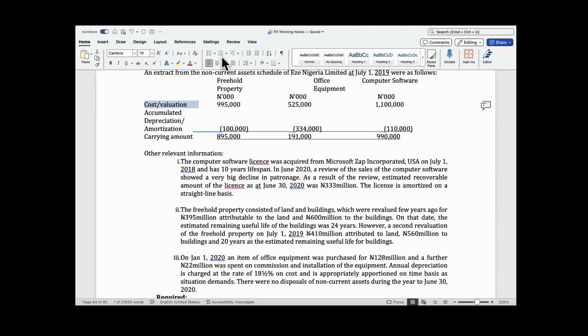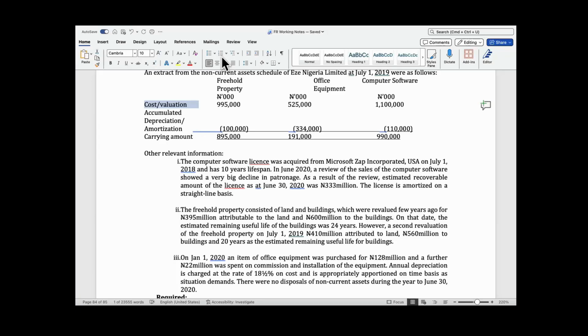In June 2020, a review of the sale of the computer software showed a very big decline in patronage. As a result of the review, estimated recoverable amount of the license as at June 30th, 2020 was 333 million. The license is amortized on a straight line basis.